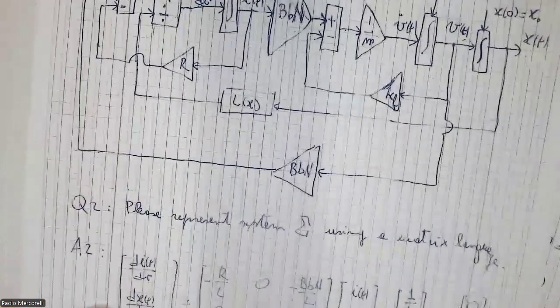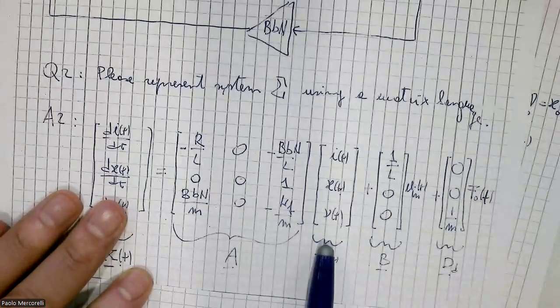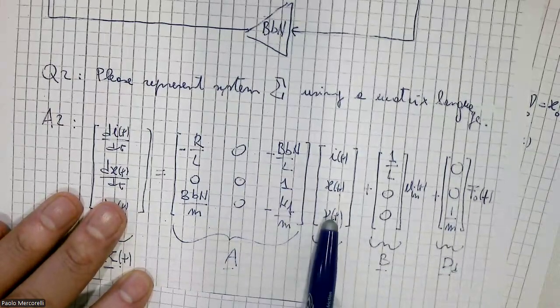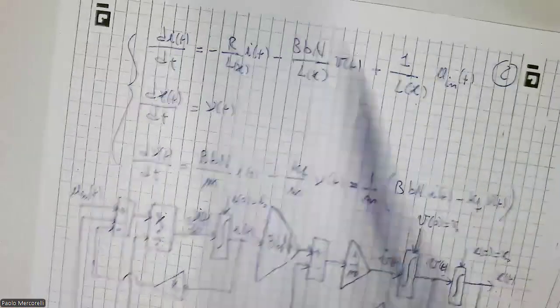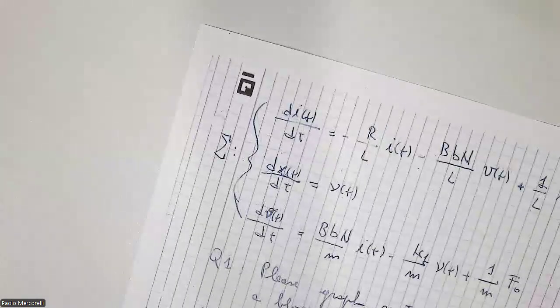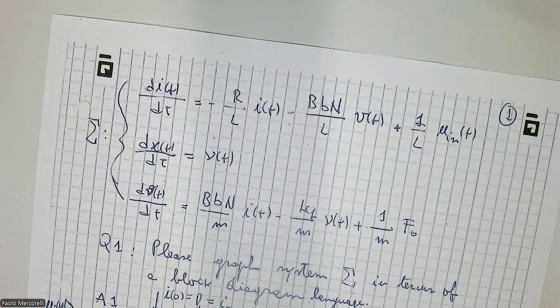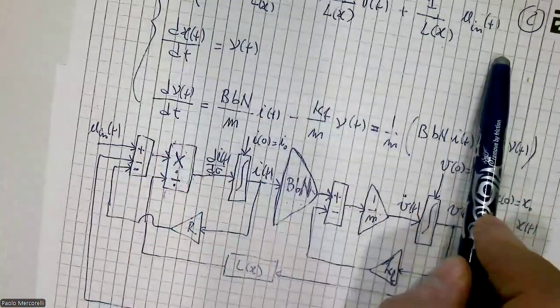Let me clarify this. Do you remember row multiply column? I have this multiplied by this, plus 0 multiplied by this, plus this multiplied by this, plus this multiplied by this, plus 0, which should be equivalent to this expression. If you remember in math, row multiply column will generate exactly this.